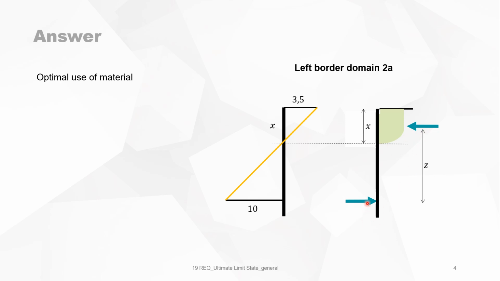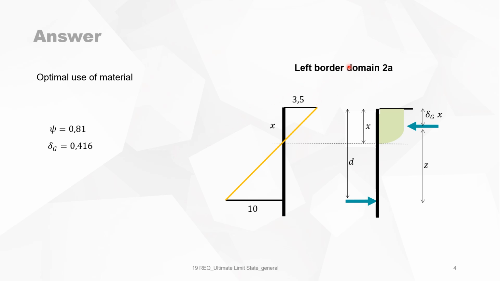The distance between those two is, of course, the lever arm Z. And D, the effective depth, is this depth. The position of the compressive strength value is delta G x, with delta G the coefficient of gravity.